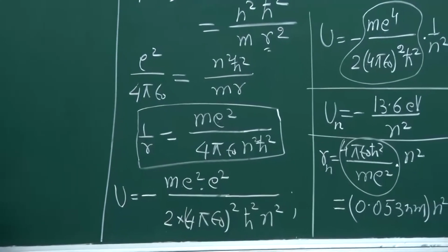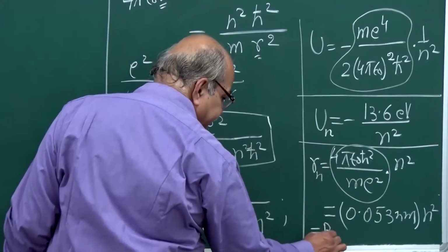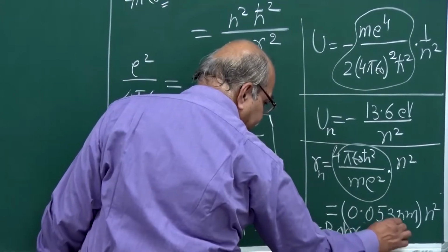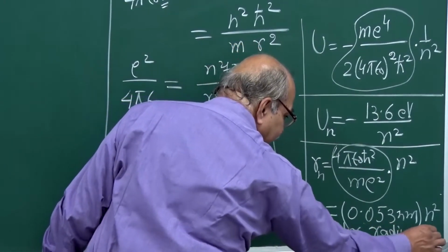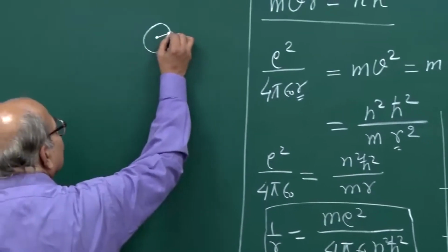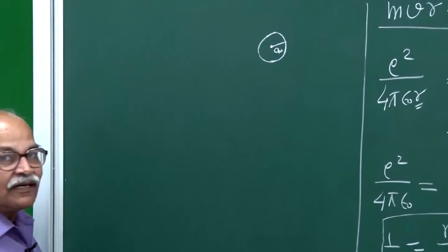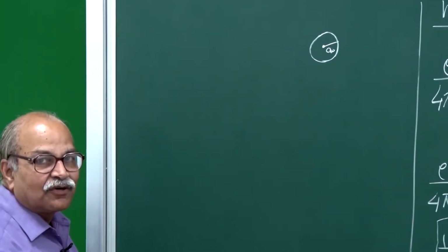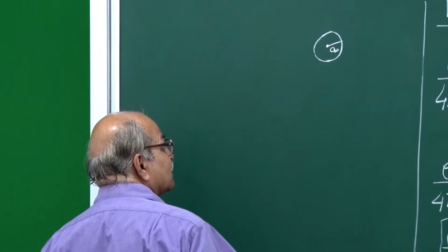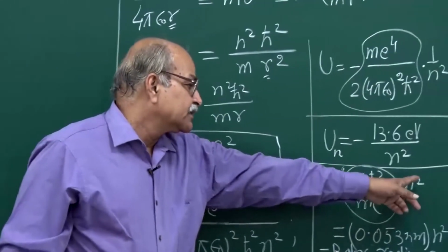0.053 nanometers. By the way, this is known as the Bohr radius, and we show it by the symbol A0. So this is one allowed orbit, the smallest allowed orbit. Then the next stationary orbit is 4 times A0, because n equal to 2 and this is n square here.